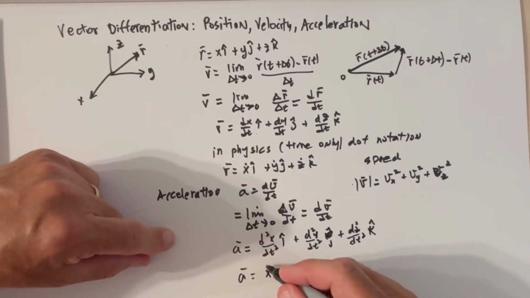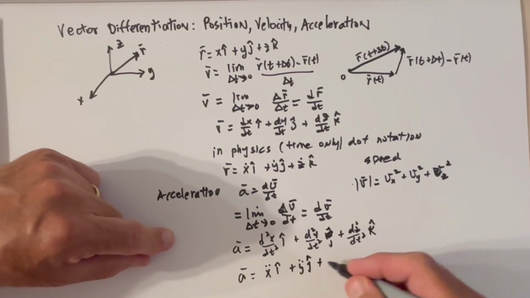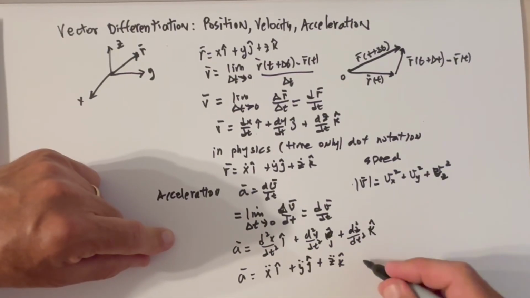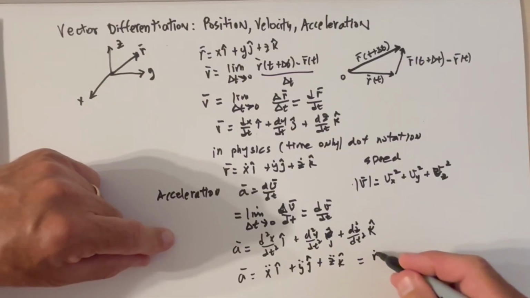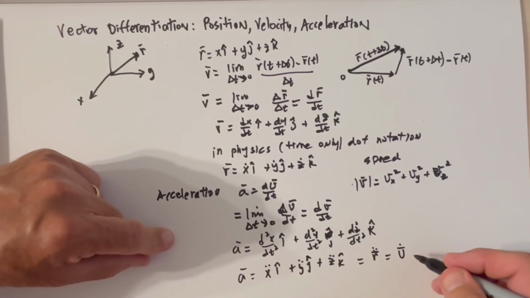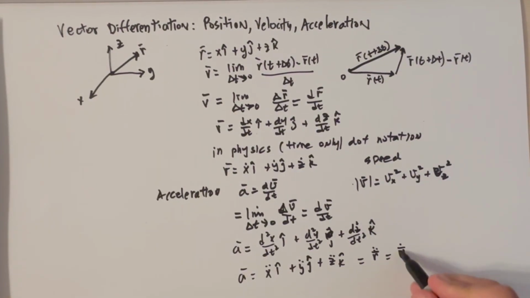That's going to be x double dot i plus y double dot j plus z double dot k. Or just writing it, that's going to be r double dot, which is also equal to the first derivative with respect to time of the velocity vector. So that's the acceleration vector.